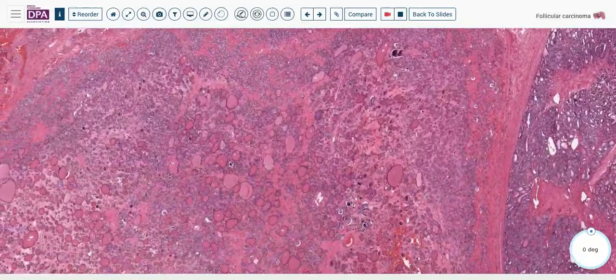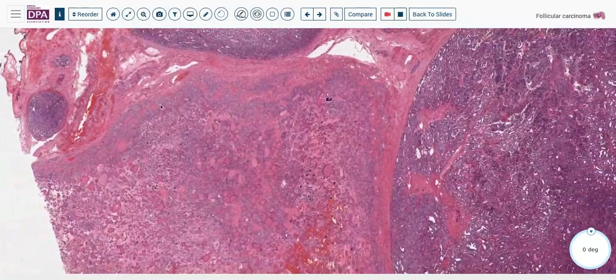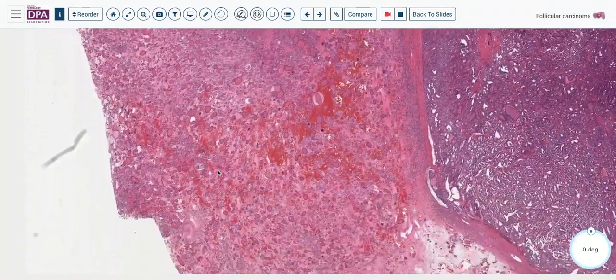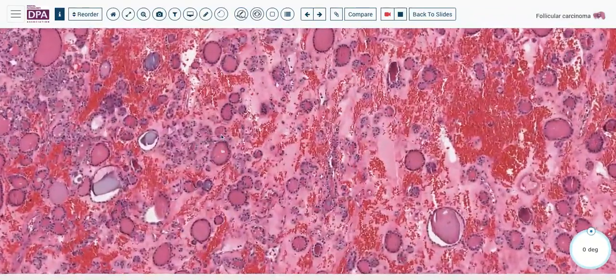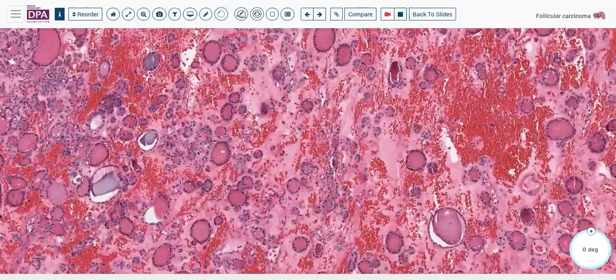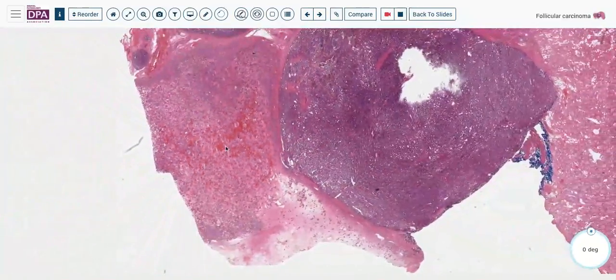Now, this nodule here looks a little different. Certainly looks different than these or these. Is this a part of the carcinoma? Should it be measured as such? And I would say probably not, because this still has more of the features of a follicular adenoma rather than a follicular carcinoma.